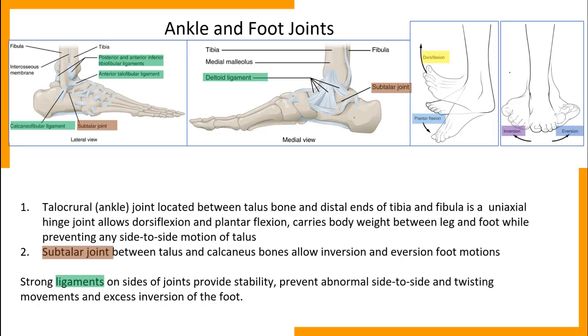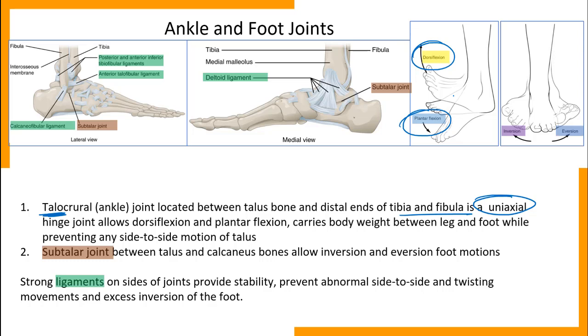And then the ankle and foot joints. You can see the ankle joint is a connection between the talus bone and the distal ends of the tibia and fibula. It's a uniaxial joint, a hinge joint, so it only moves in one plane. So it allows dorsiflexion and plantar flexion.